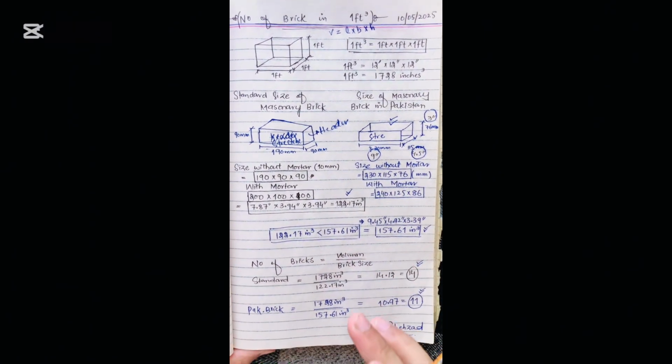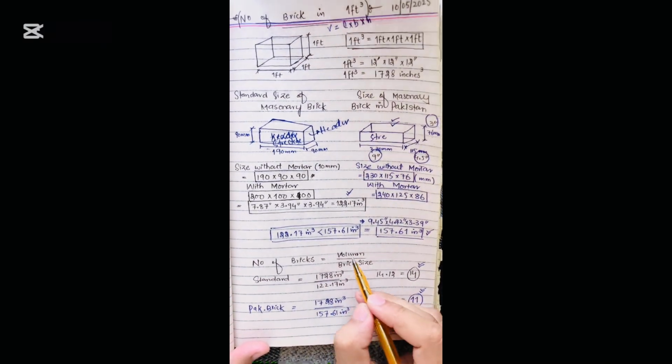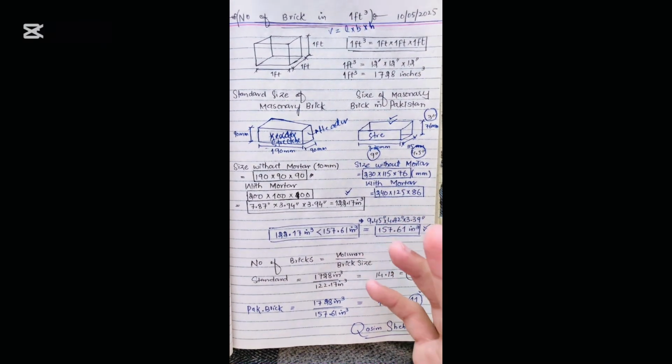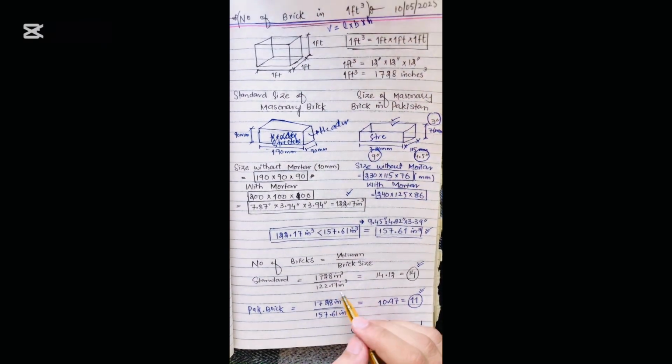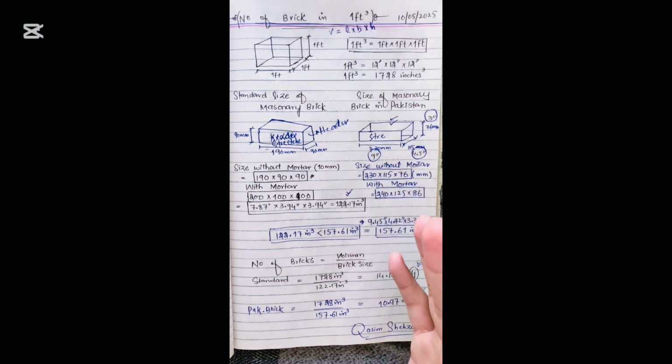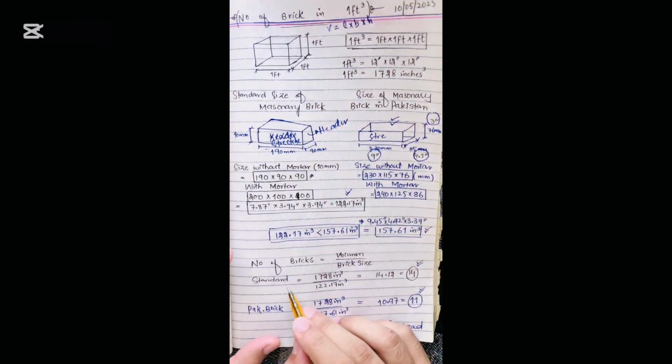Now to find the number of bricks, the formula is the overall volume you need to fill divided by the single brick volume. We use these dimensions in inch cube, but you can also use foot cube or any other unit. Here we are finding bricks for 1 foot cube, which has a volume of 1728 inch cube.